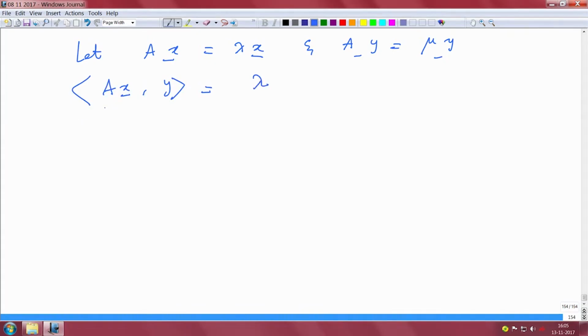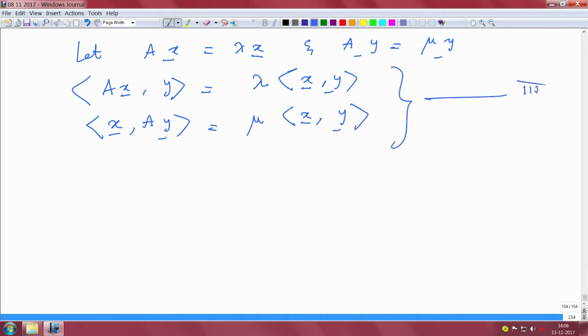I use the property that I can pull the scalar out, lambda times the inner product of x with y. Similarly, I have x with Ay, which is mu times, since Ay is mu y, I pull the mu scalar outside, and this is again x with y, right. I have a set of equations 3.